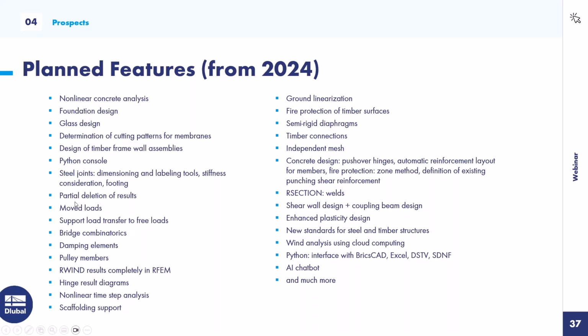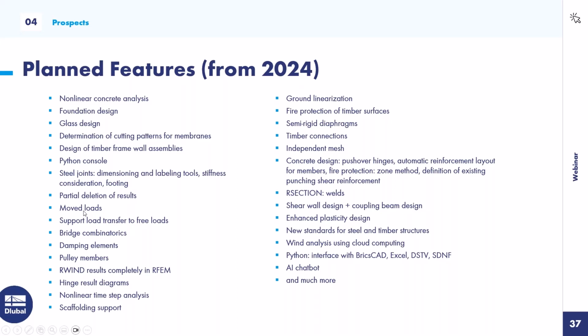Then the partial deletion of results. For example, imagine you have a basic reinforcement of one floor that you want to change. You don't need to calculate and design the other floors again. That's only one example.